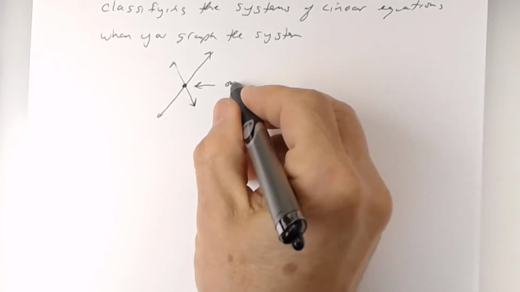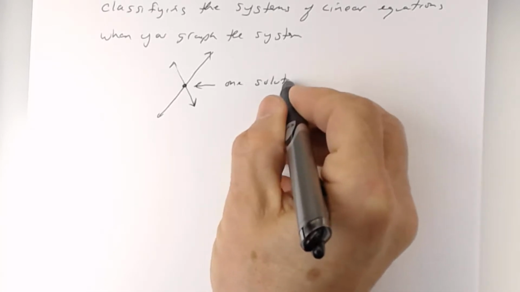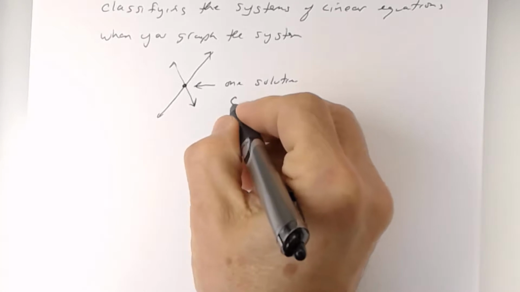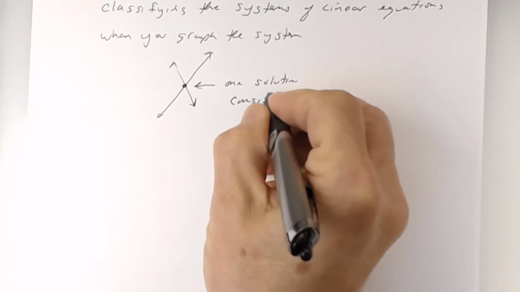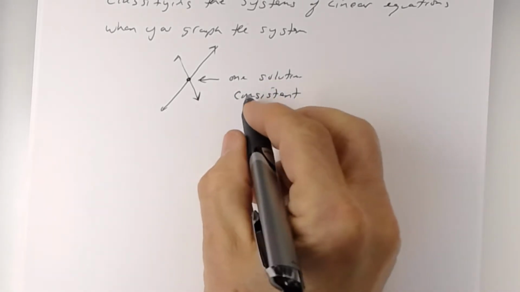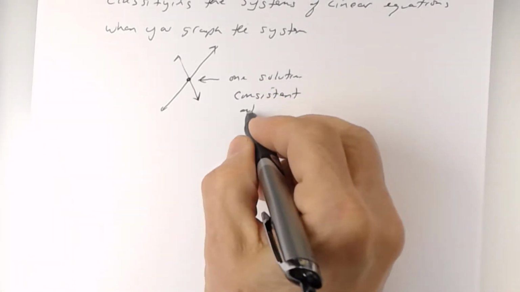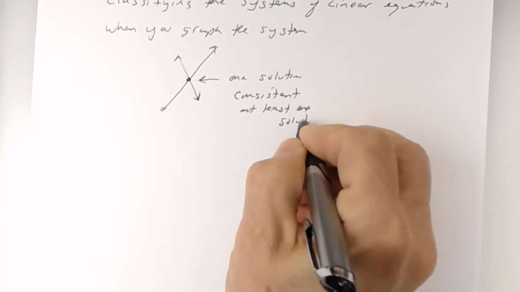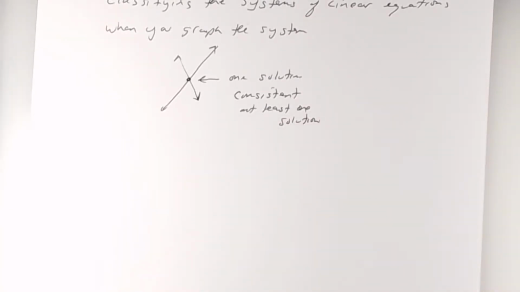One. You'd have one solution. So we're going to call this a consistent system. A consistent system is where you have at least one solution.